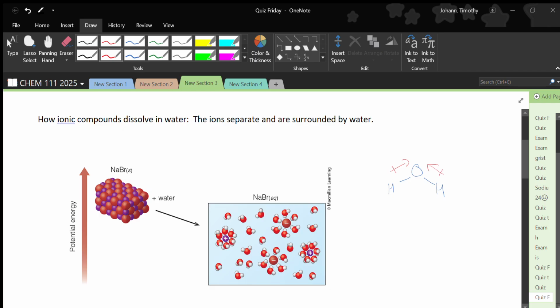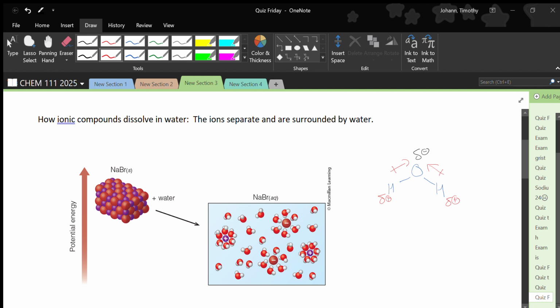I've got two arrows that are opposing each other in this direction. They're coming together, really, but still they're opposing each other in this direction. But in this direction, they're going in the same direction, right? So water is polar. It has a dipole. So we could think about a partial negative charge up here and two partial positive charges down here. We have a positive side and a negative side.